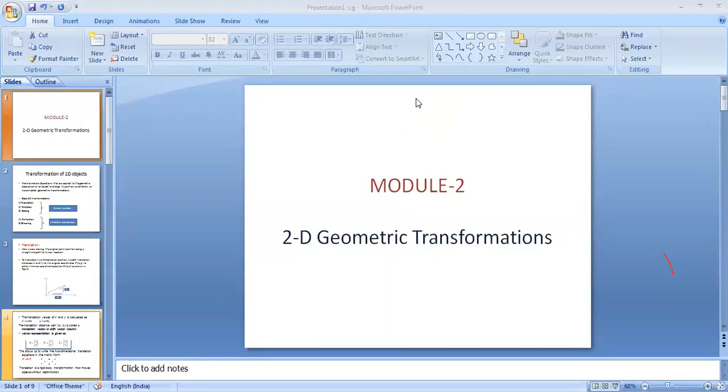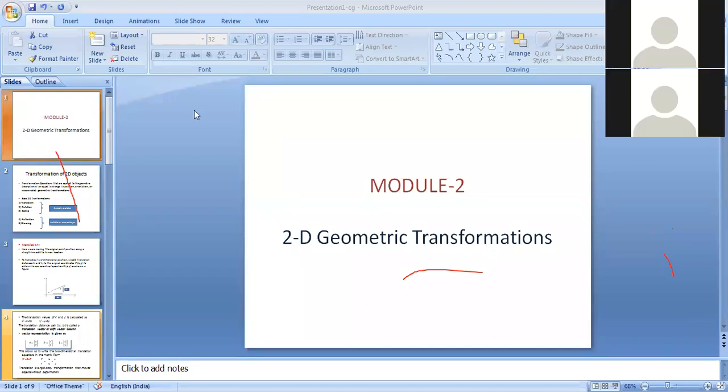In the first module, we wrote different types of graphics images. It may be a line, a point, a triangle, a house, a robot, many things you have seen. Now the second module is about how to perform transformation of those images.